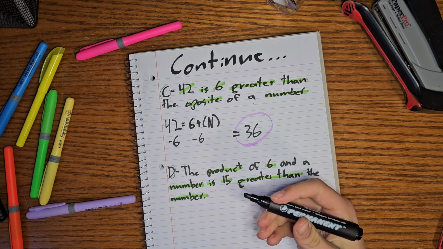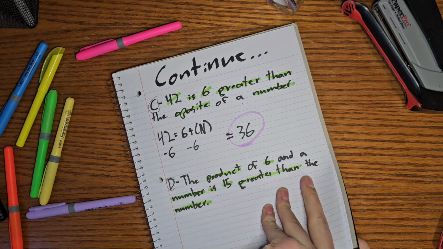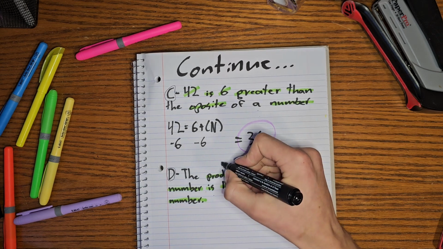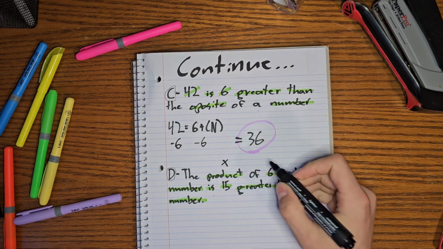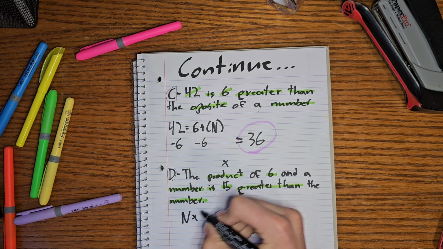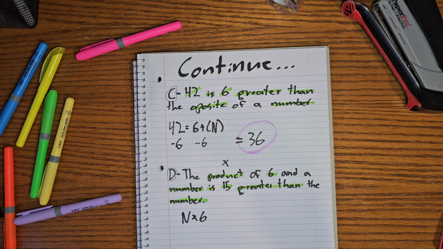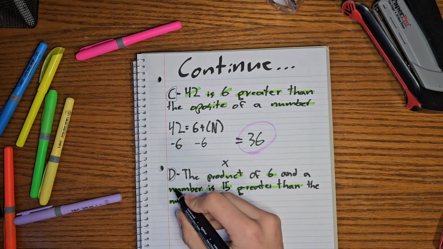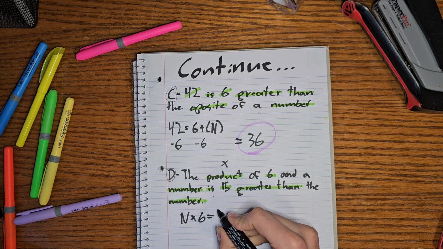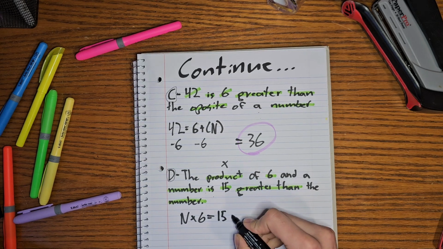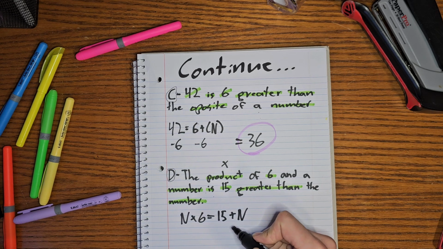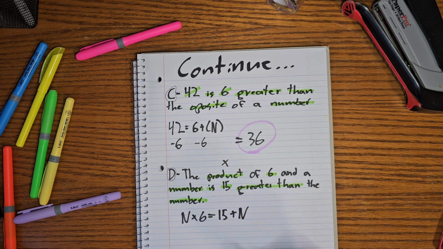All right, the product, and we know from here that the product is times. So the product of 6 and a number, n times 6, equals 15 greater than a number, which is 15 plus n.